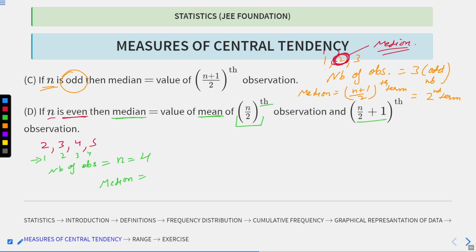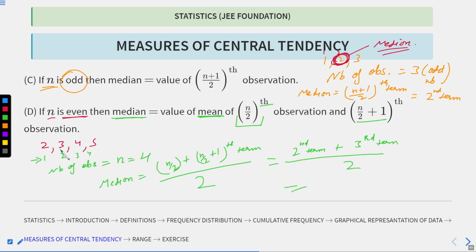That means 4 by 2, the second term, plus the third term, divided by 2.